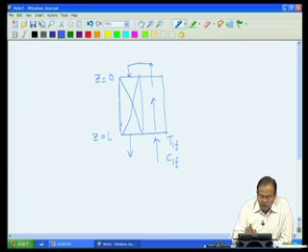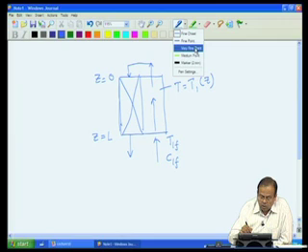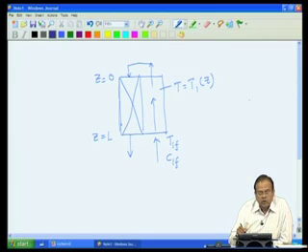Now in this shell let us say that my temperature is T1 of z, because my temperature is changing along this axial position. At the inlet it is T1F, but through the shell it is T1 of z. What happens to my concentration?